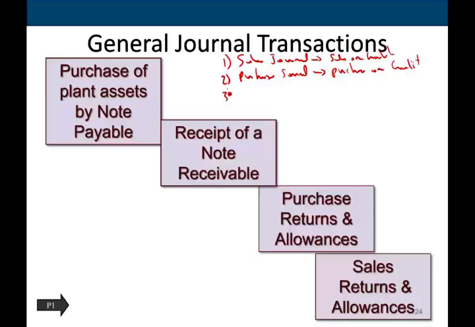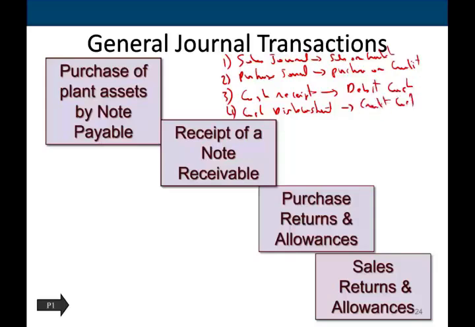Then we talked about the cash receipts and cash disbursements. The cash receipts always involve a debit to cash, and the cash disbursement will always involve a credit to cash.